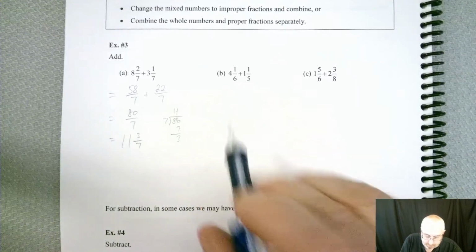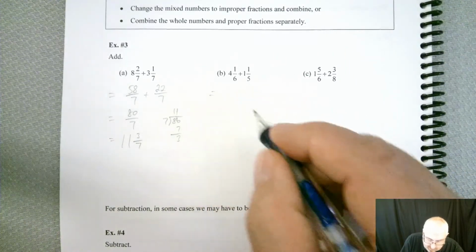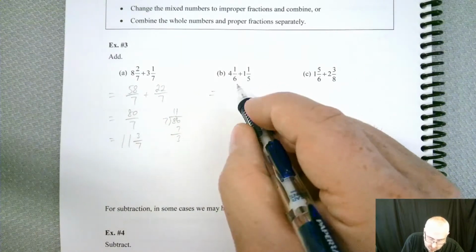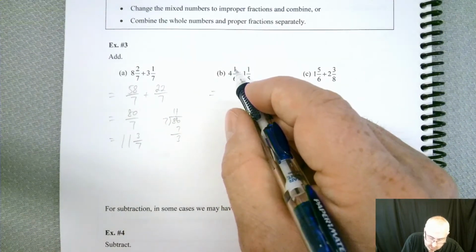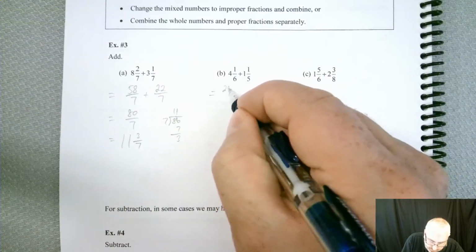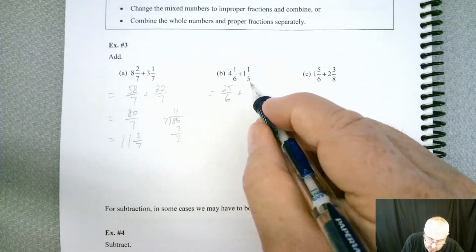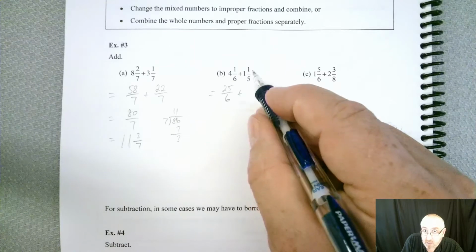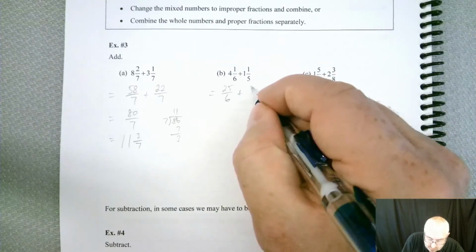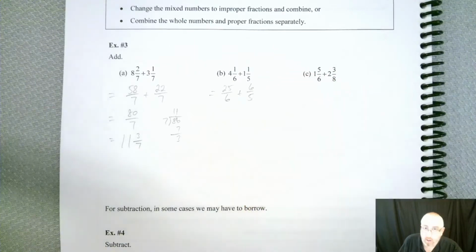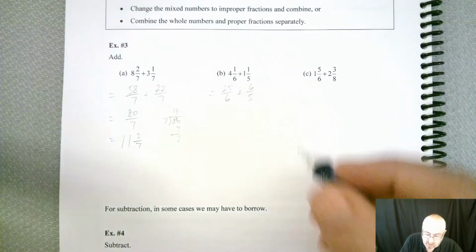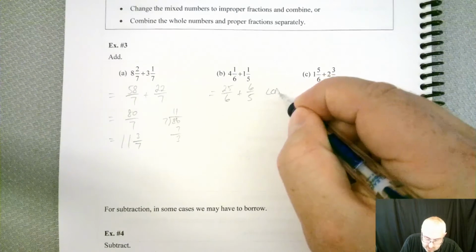What about this one? Let's do the improper fraction method. So we got 24 plus 1 is 25, 25 over 6. And this one, so we got 1 times 5 is 5, plus 1 is 6, so 6 over 5. All right, so far so good, but now we need our LCD because the denominators do not match.